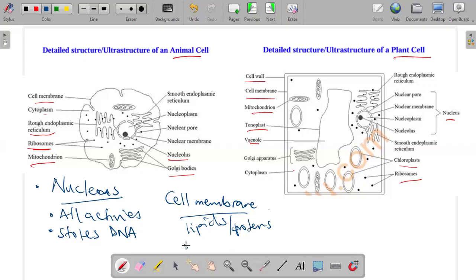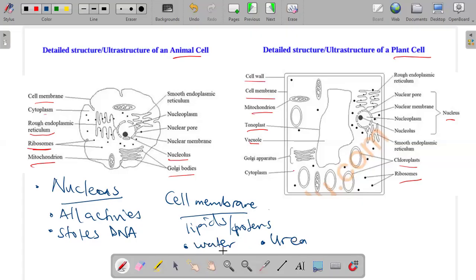Molecules of water can go through it. And then there are big substances that it does not allow to go in or out through it, for example, urea. Urea is removed by special carrier proteins out of the cell.